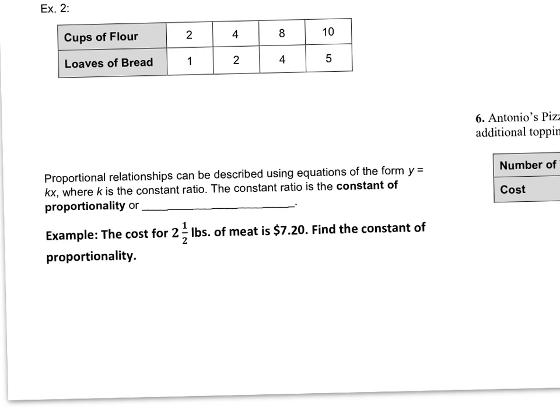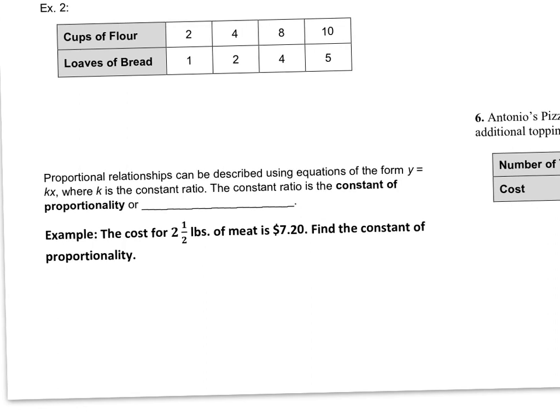Now, in example 2, we have cups of flour that are 2, 4, 8, and 10, and the loaves of bread are 1, 2, 4, and 5. We have our x values on top and our y values on the bottom. So we can write it as 2 over 1 for the cups of flour to the loaves of bread, and then we have 4 over 2.